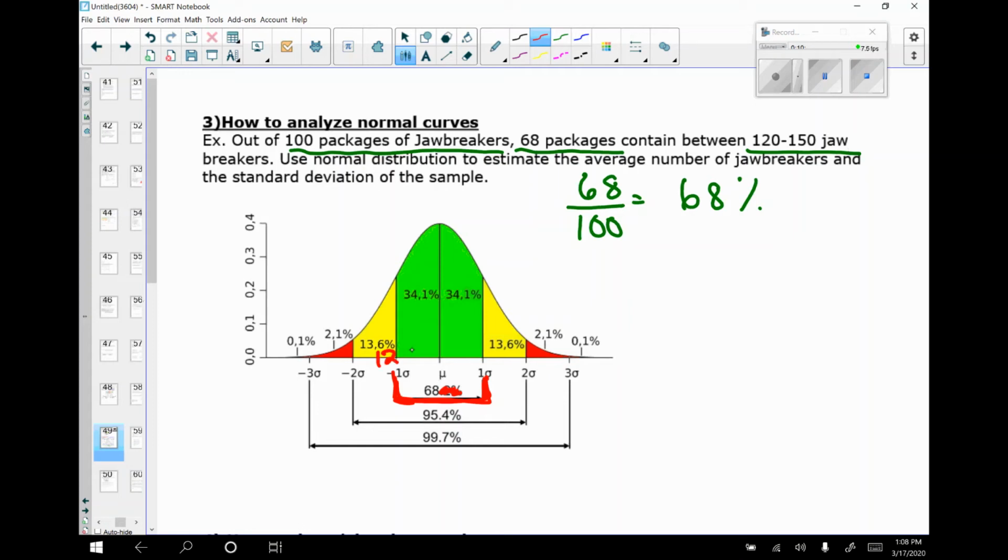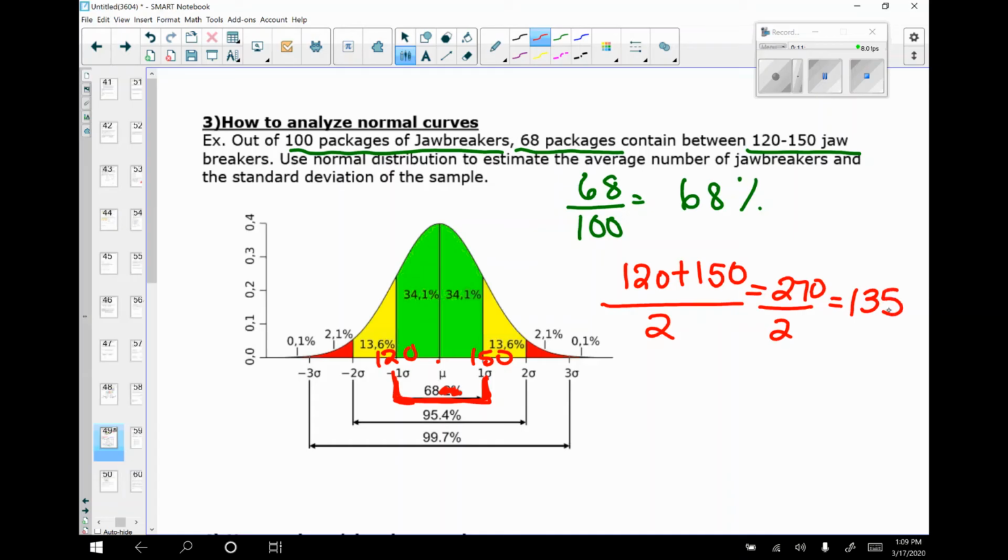This is 120 and this is 150. Now they want me to estimate the average. Well, if I want to find the value in between these two, I have to add them and then divide by 2. So 270 divided by 2 is 135, which means my mu, or my mean, is 135.